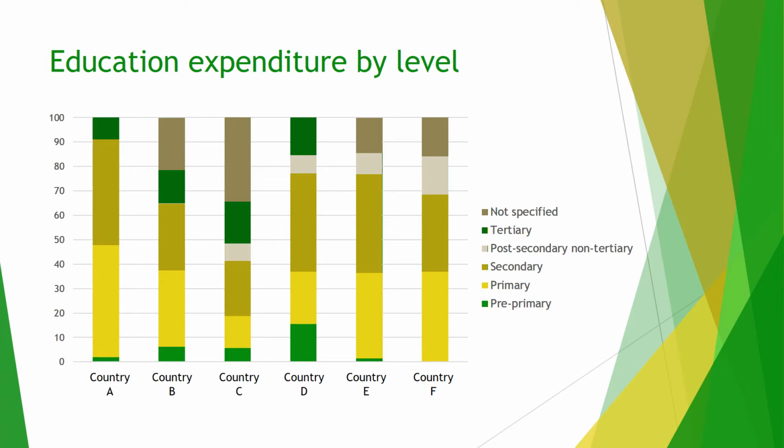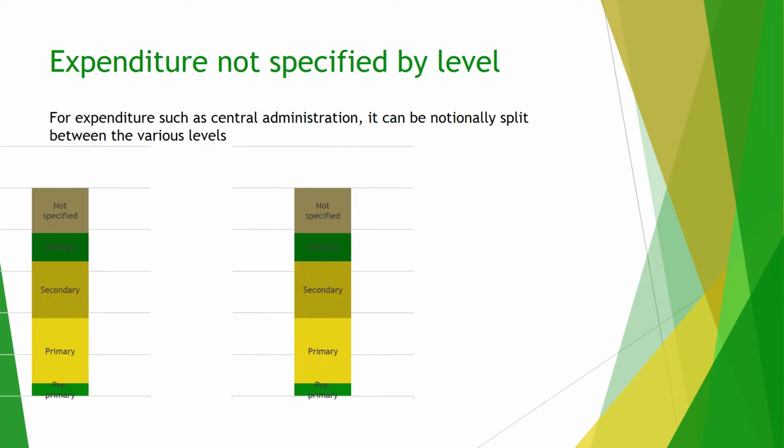What you may see is that we also have brown sections at the top of some of the bars for countries B, C, E, and F. These are expenditures that are not directly associated with a specific education level. So what can we do if we are faced with expenditure that is not clearly associated with a specific education level?